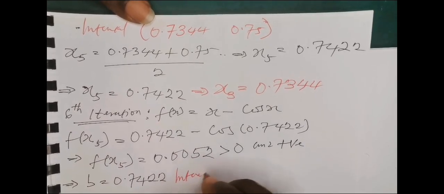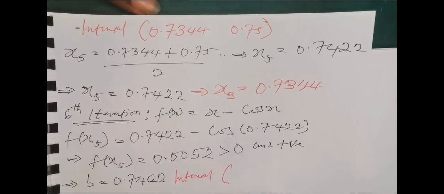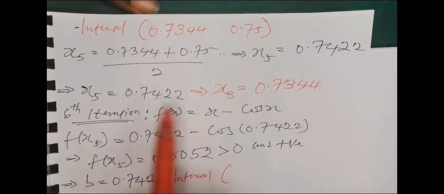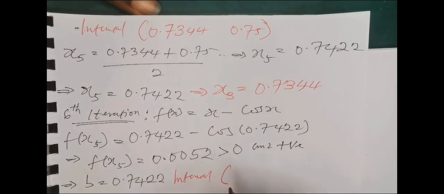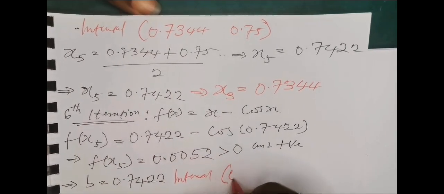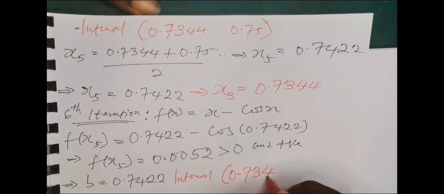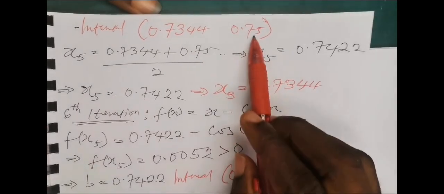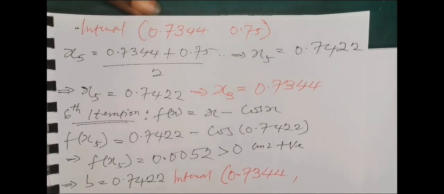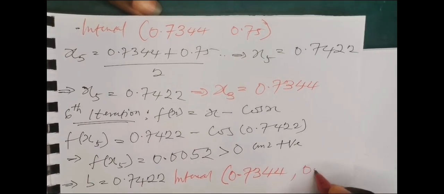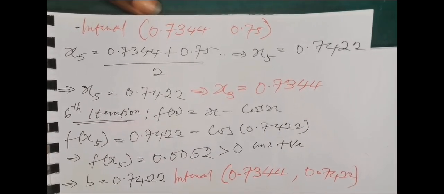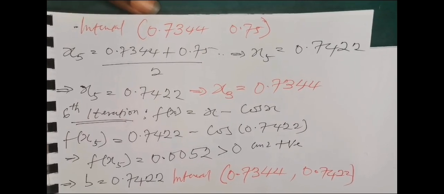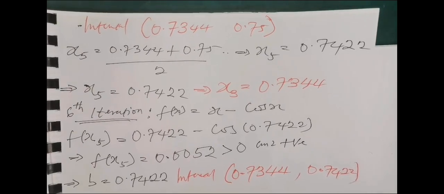From the previous interval we had a to be 0.7344, so a is constant now, it doesn't change. We are switching b to 0.7422. This is now my new interval, so the root of the equation lies in this interval.